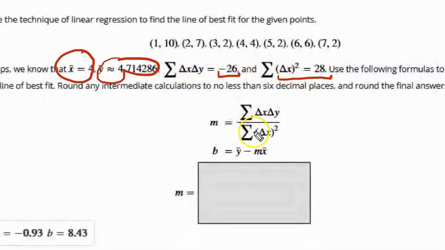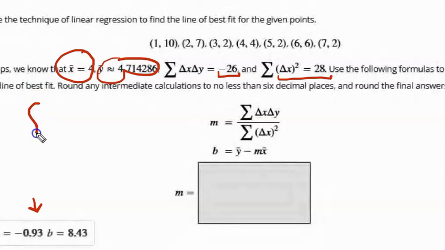Here's the formula. And they found that the slope is this. And then when they used one of these points with the slope, they found out the b value. And they want you now to write the equation of this.